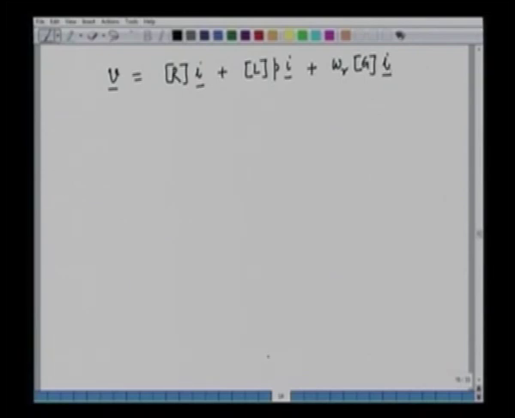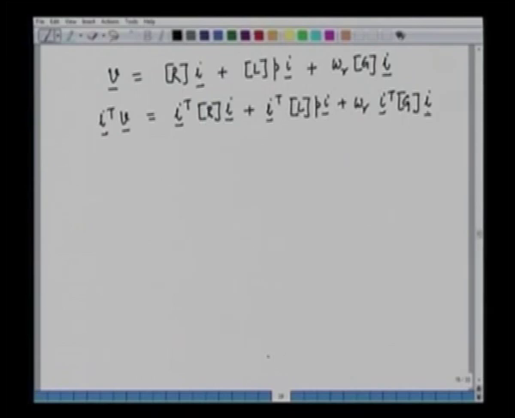If we pre-multiply this with i transpose, we get the following equation: i transpose R i plus i transpose L p i plus omega r i transpose G i.